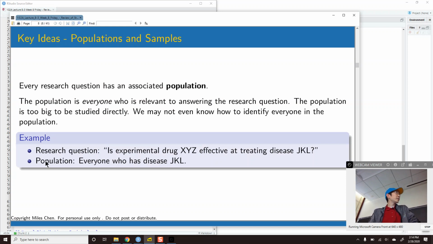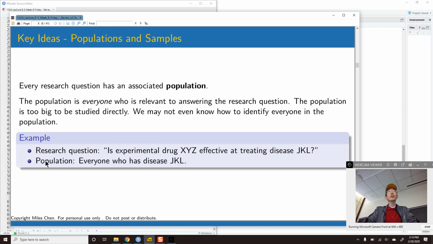The other key idea is we've got populations and we have samples, okay? Every research question has an associated population. The population is everyone relevant to answering the research question, all right? And the key idea is that the population is always too big to be studied directly, right?